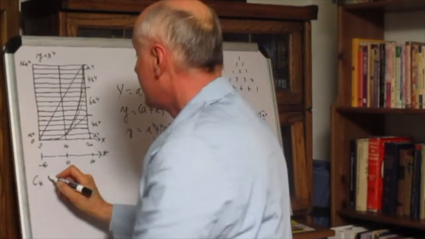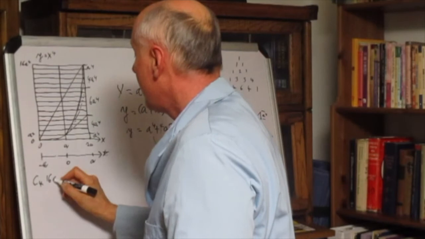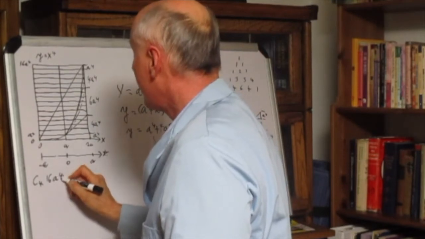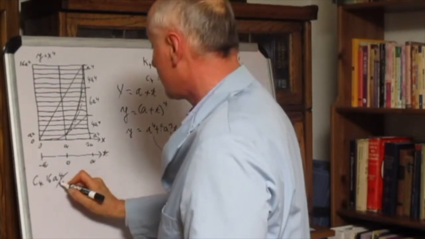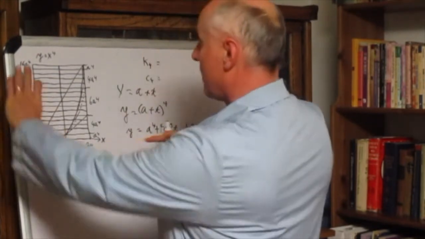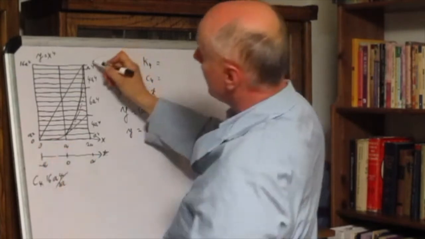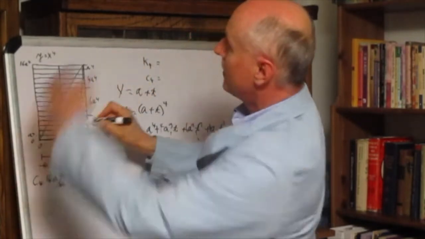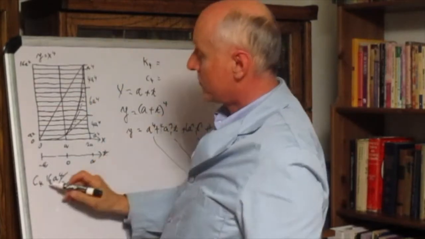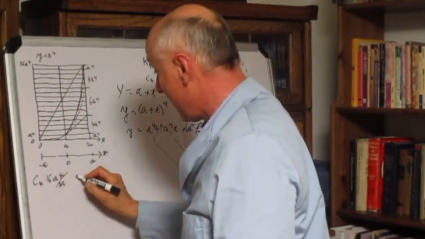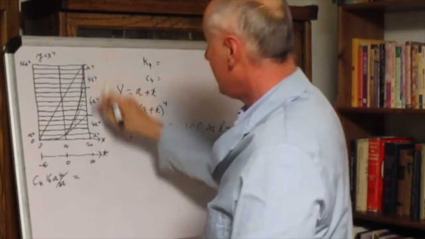C4, 16 a to the fourth divided by 2a, rise over run, that gives you this slope, times our magic factor we're trying to find, C4, and that equals the individual areas.